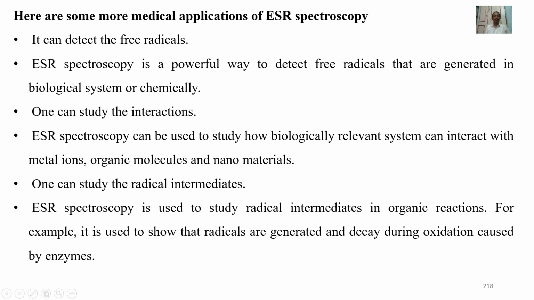One can study the radical intermediates. ESR spectroscopy is used to study radical intermediates in organic reactions. For example, it is used to show that radicals are generated and decayed during oxidation caused by enzymes.